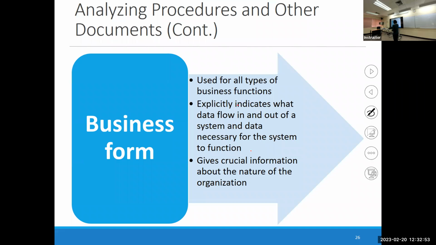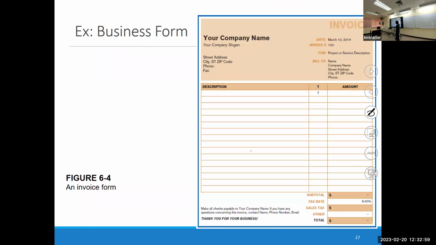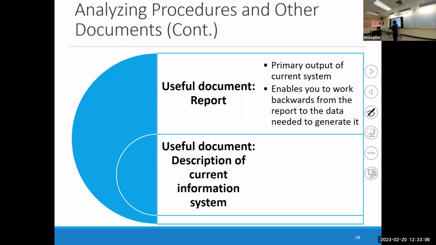Okay. So this is an example of the business form. And this is another. This is just, I think, an invoice, making purchases and sales and so on. And not only the form, report. You should analyze the report because then you know what types of data analysis, data analytics, and so on they want the users to have.